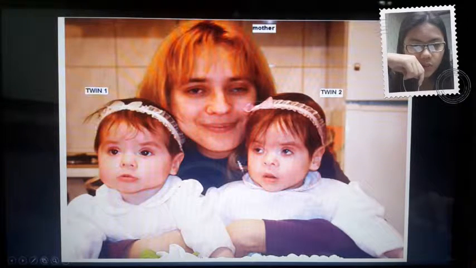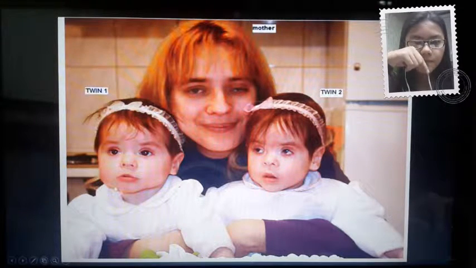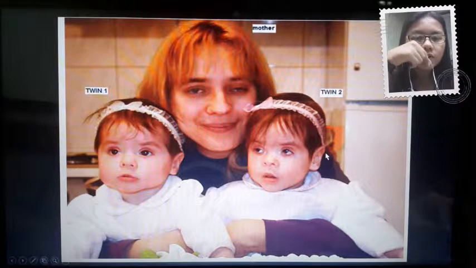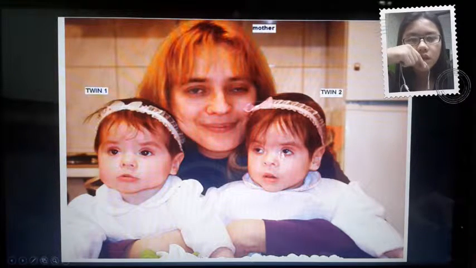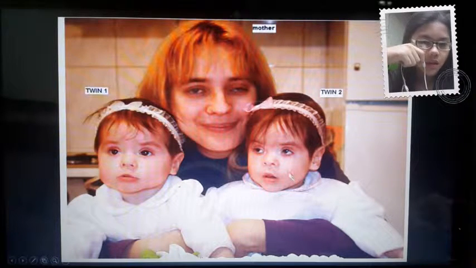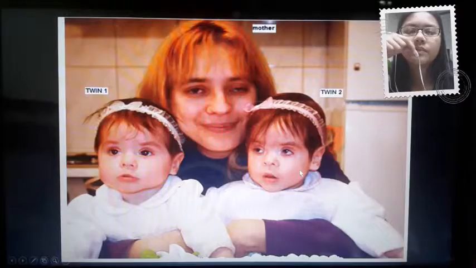We can compare these two twins. This one is a normal twin, and this one is affected with Lujan-Fryns syndrome. You can see the eyes are also affected, the nose has its cleft, and the chin is elongated.